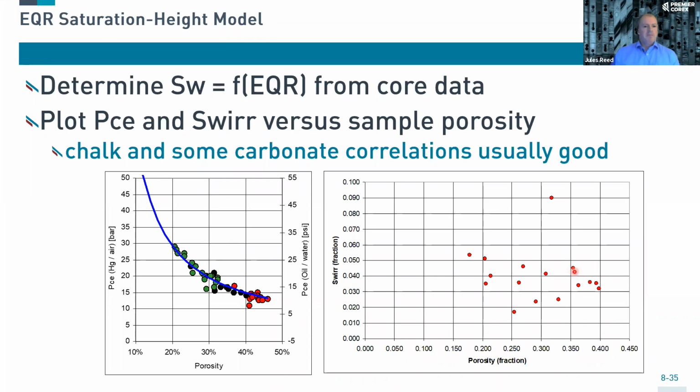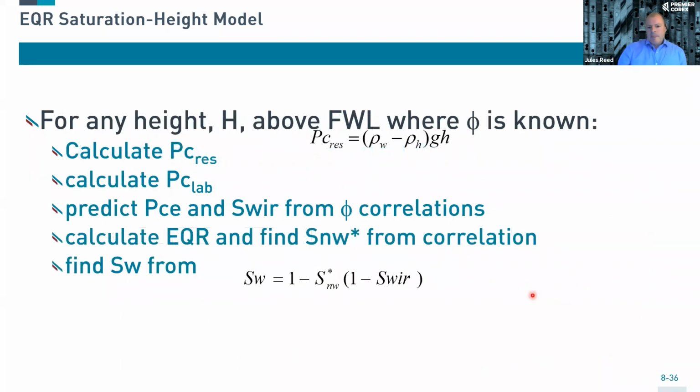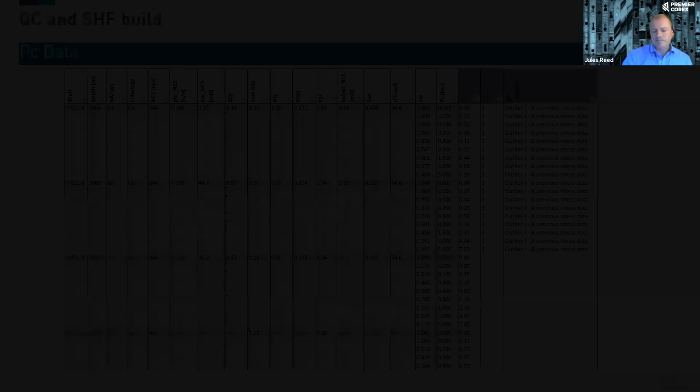And those become then the inputs for calculating EQR. So remember, EQR is entry pressure derived from porosity over the current pressure, which is height in the reservoir, and the saturation is normalized saturation based on SWI. So then for any height, you can calculate your saturation.